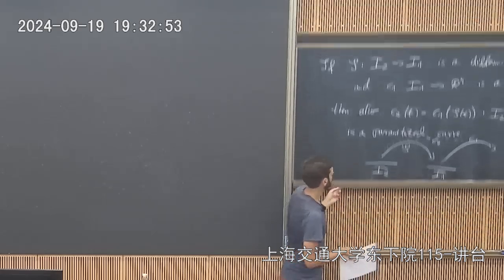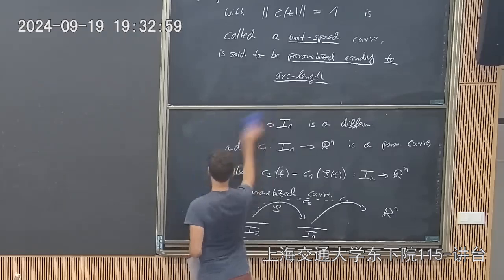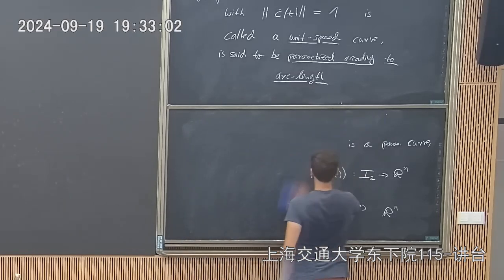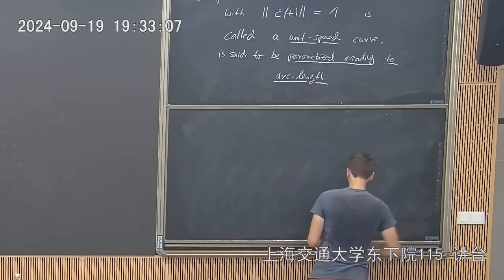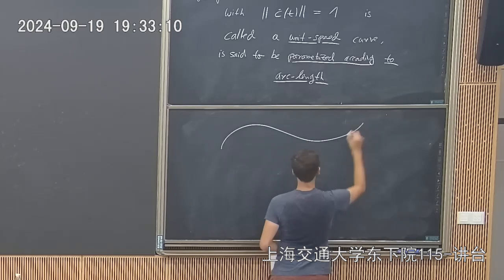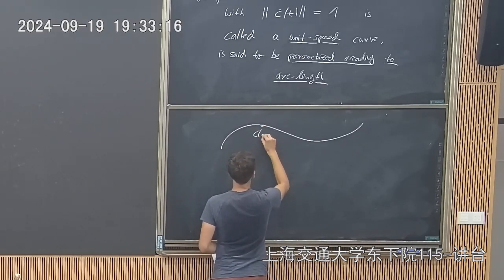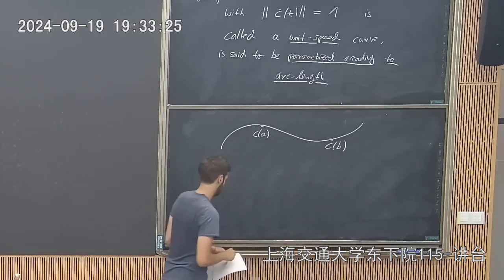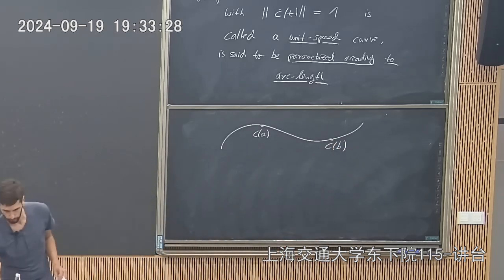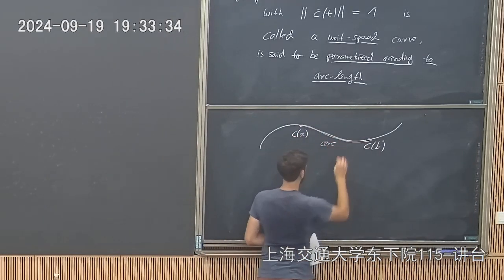So what is arc length? The idea behind that is that you have a big curve, and a certain point here, say C of A, and some other point here, which is C of B. Then this part between these two points, the red part, is called an arc.